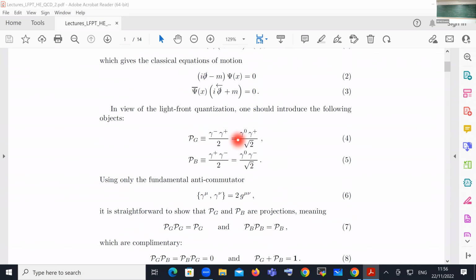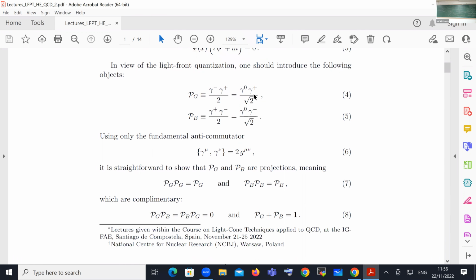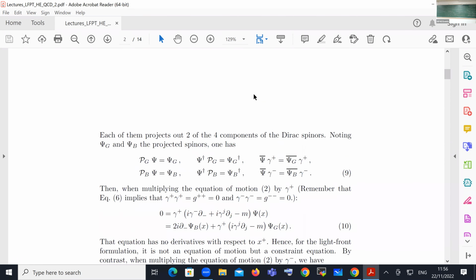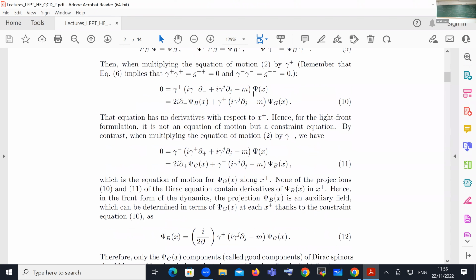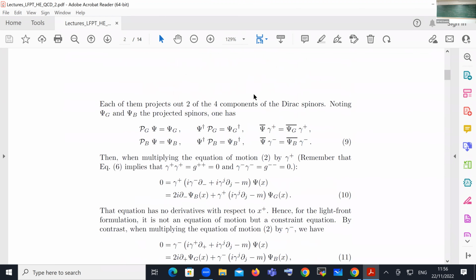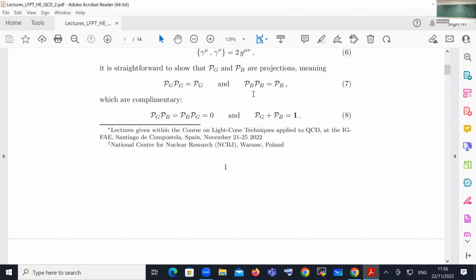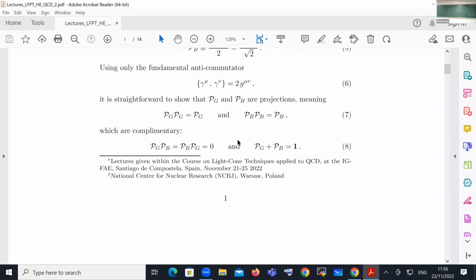When you have this equation, a Dirac equation, one important thing to remember is that, just by looking at the standard relation for mu and nu equal plus, what you would get on that side would be 2 gamma plus, and here you will get 2 g plus plus.